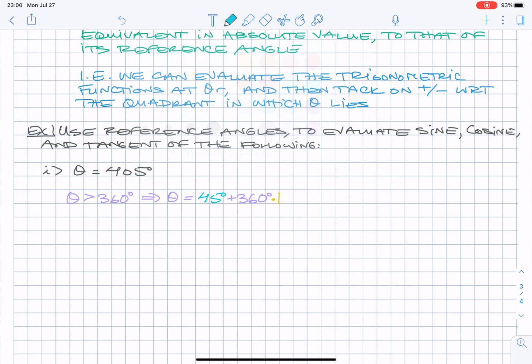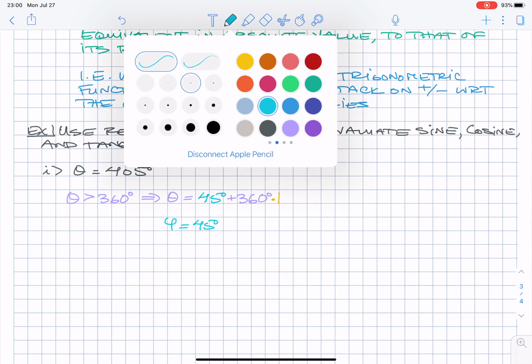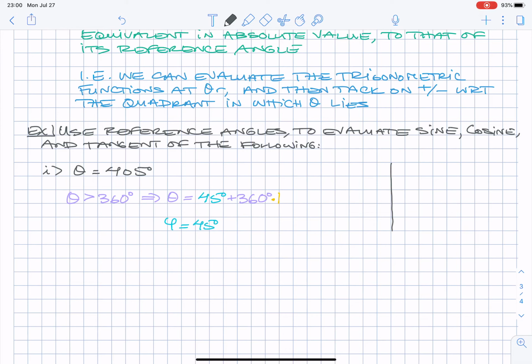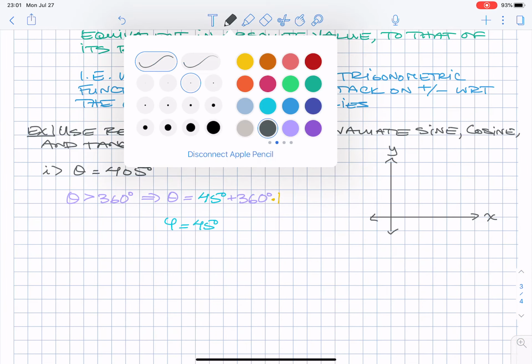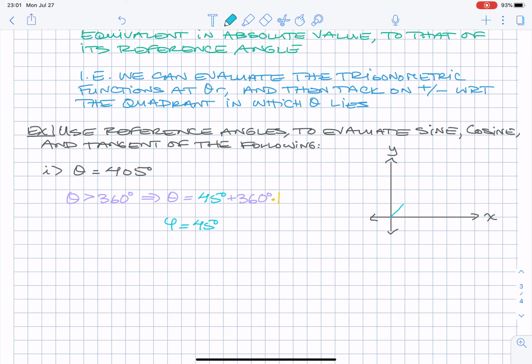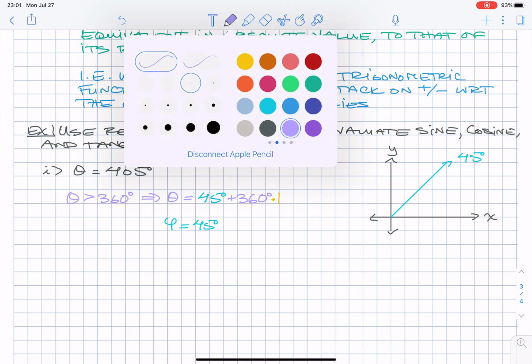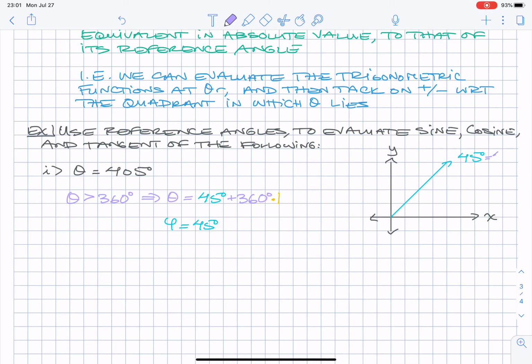So the phi that I want to plot is 45 degrees. So let's plot that phi, which is in quadrant 1. So x and y. So I claim that this 45 degrees is actually the same as 405 degrees. And the reference angle, of course, is 45 because we're in quadrant 1.